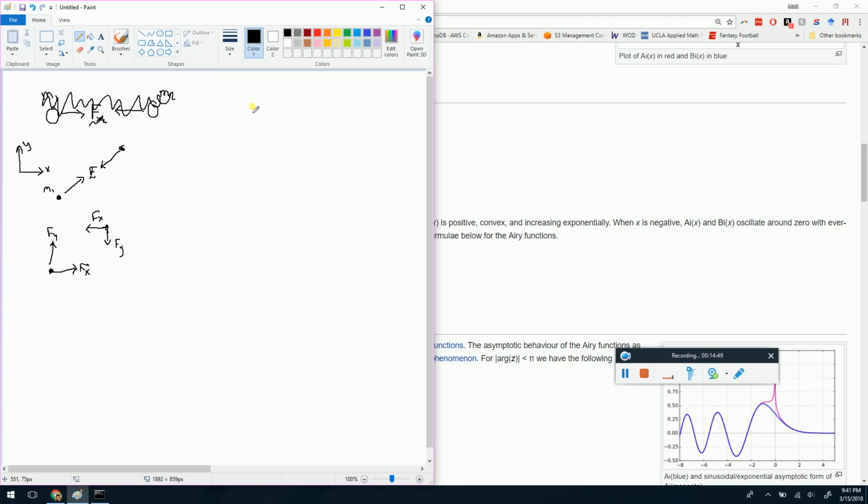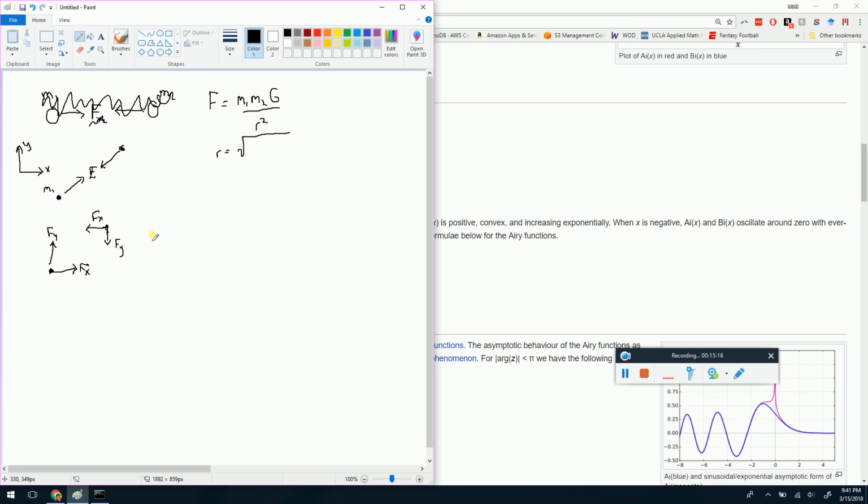So we know that the gravitational force, equal and opposite, is mass 1 times mass 2, times a gravitational constant G, over r squared, where r is the square root of the sum of the squares of the distances between these two things.